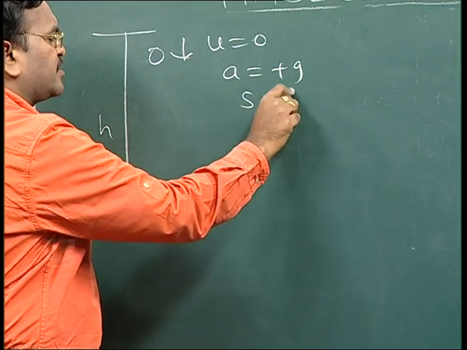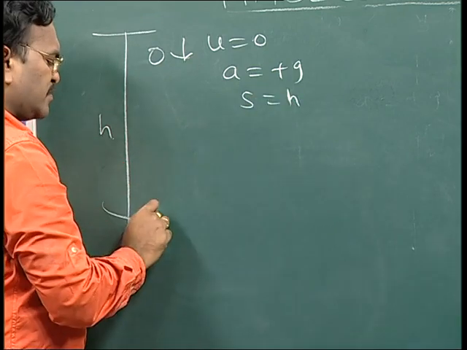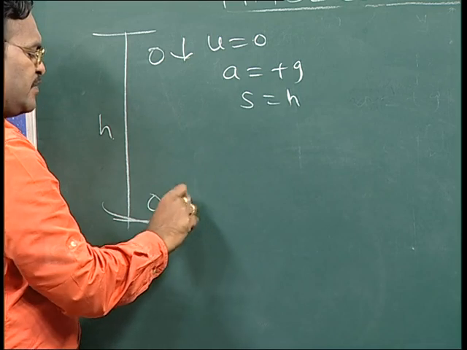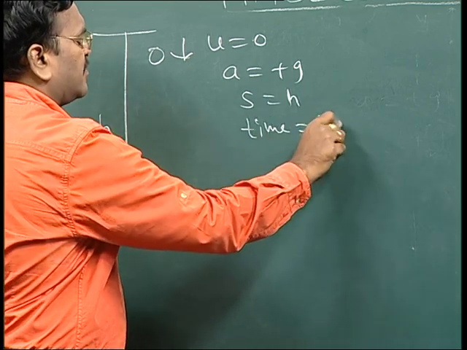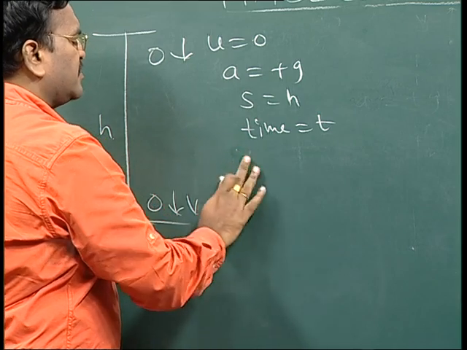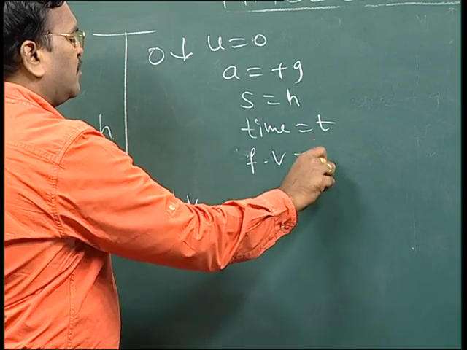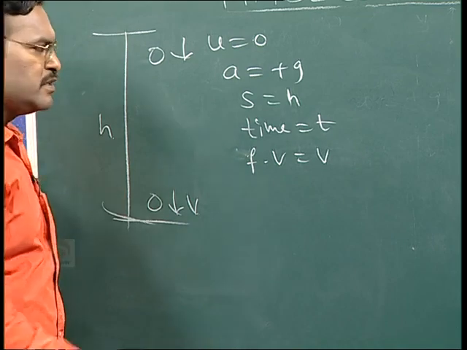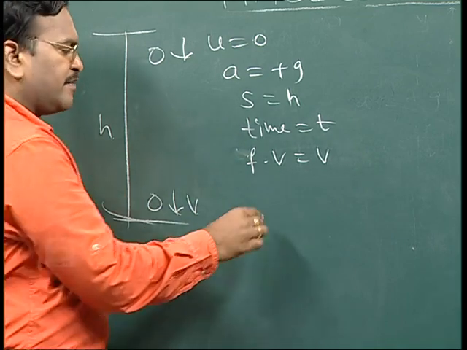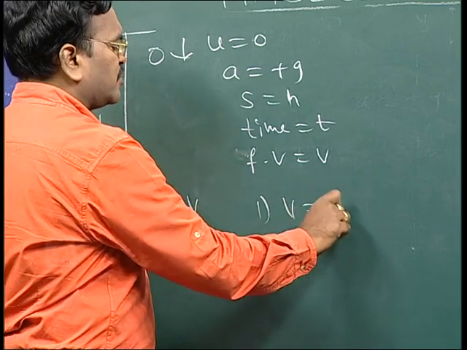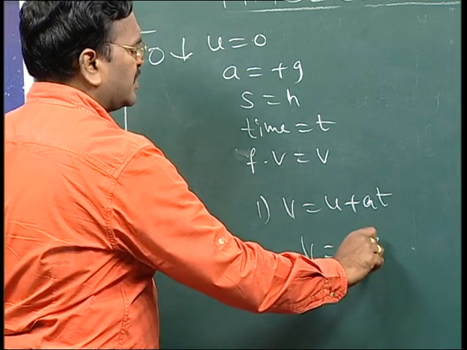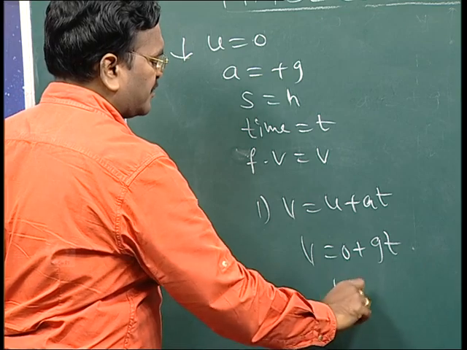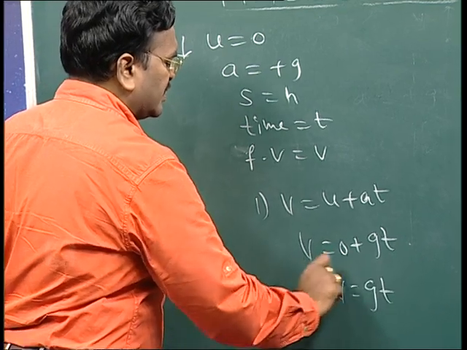Displacement is h. Suppose the body strikes the ground with velocity v in time t seconds; the final velocity is v. Now, substituting these values in the equations of motion, what is the first equation of motion? v is equal to u plus at. Now, u is 0, a is g, so v is equal to gt.